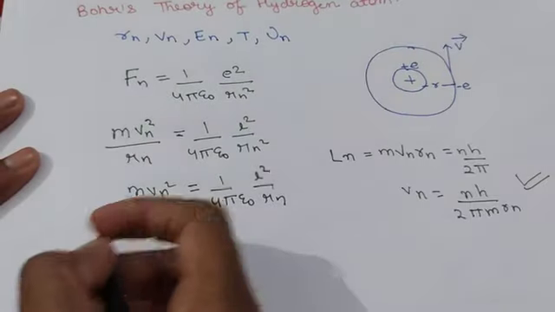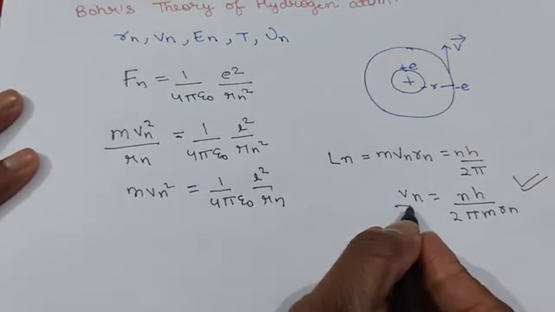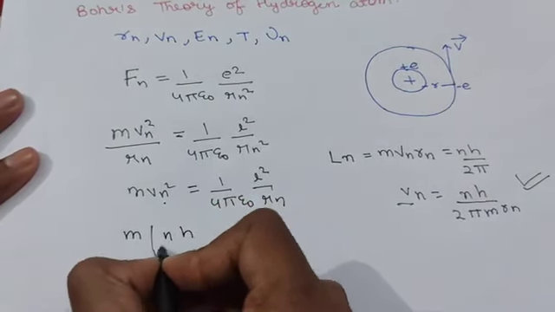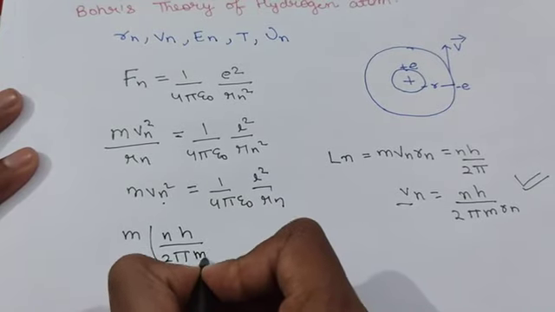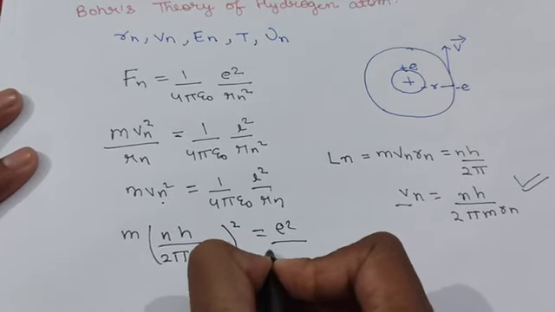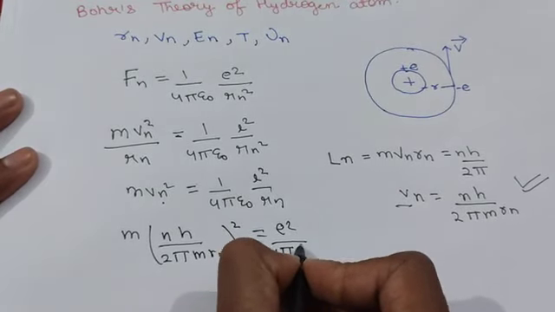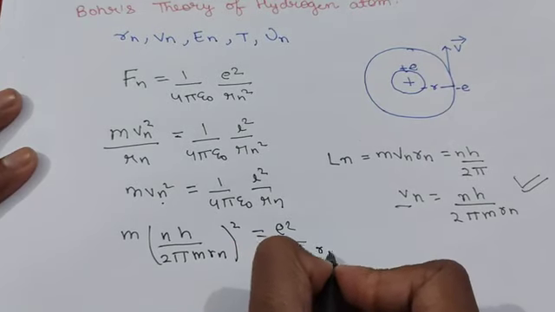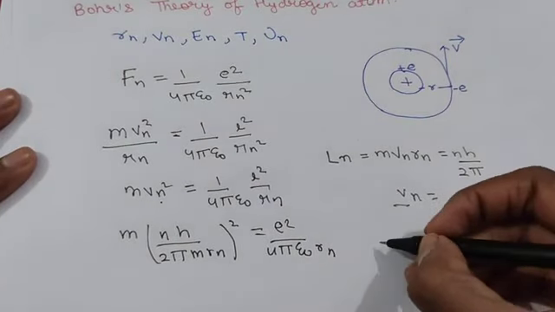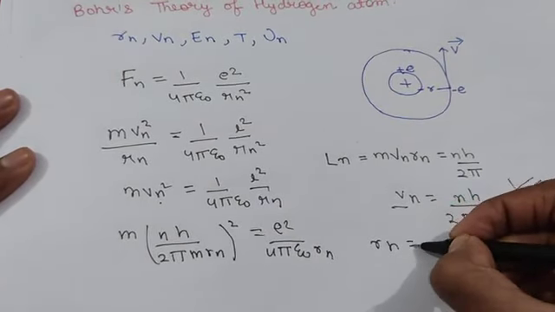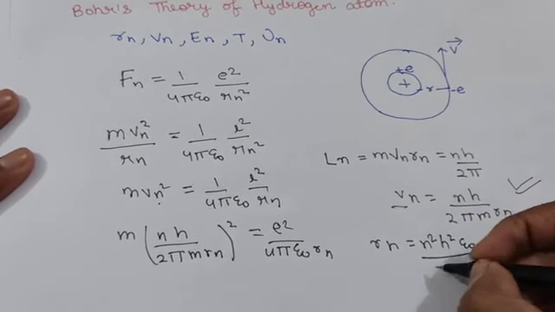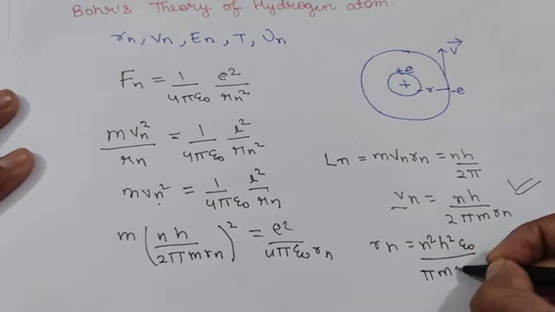How will we find rn? Put the vn value here in vn square, so we'll get nh by 2 pi m rn, whole square, equal to e square by 4 pi epsilon naught rn. After solving this, we'll get rn is equal to n square h square epsilon naught divided by pi m e square.